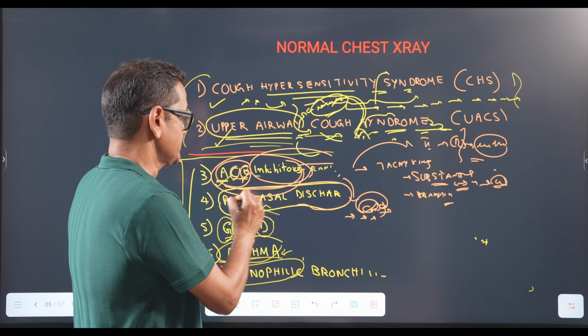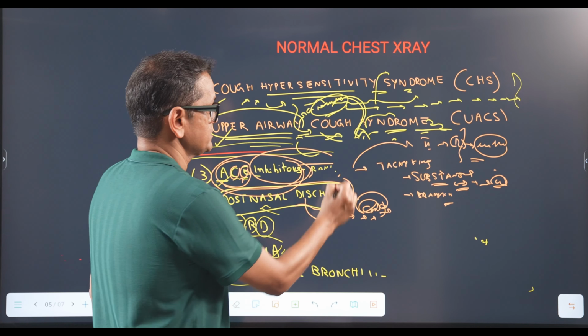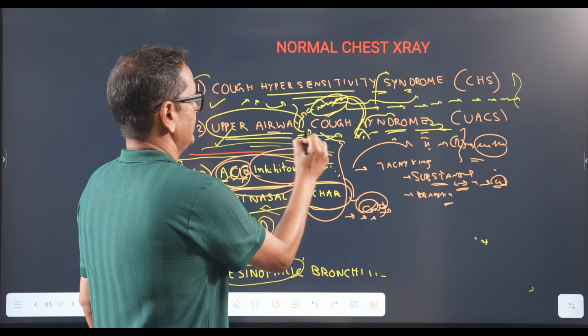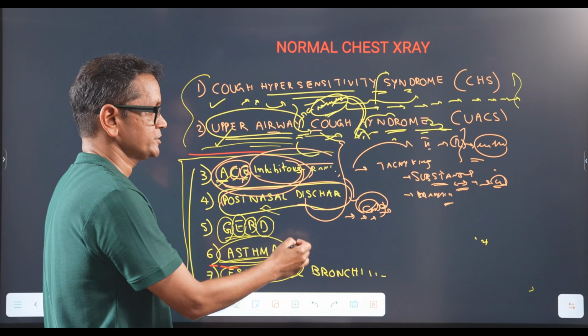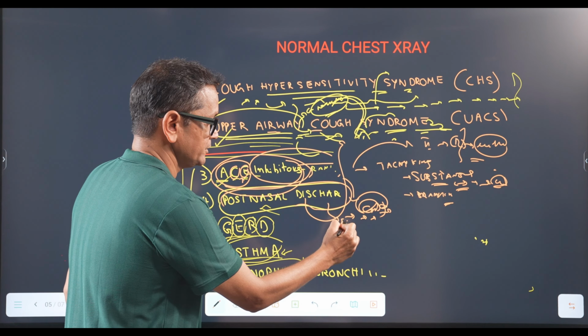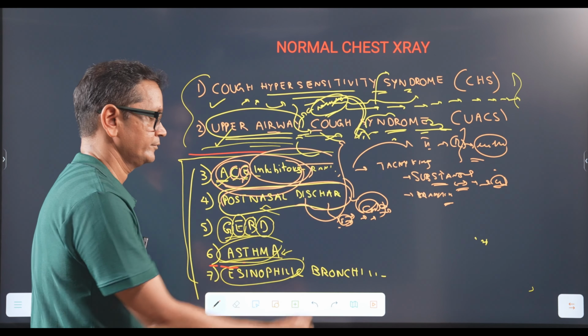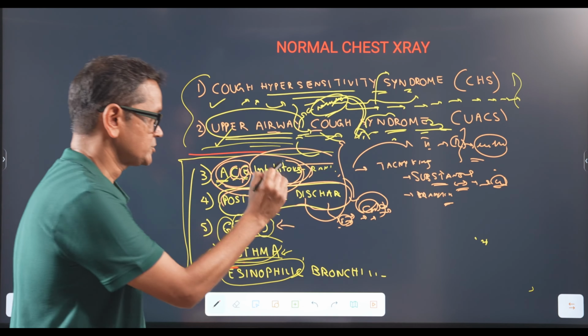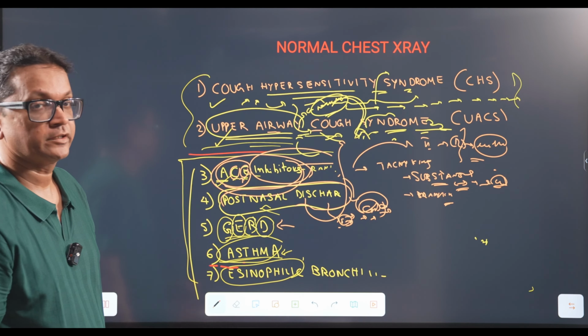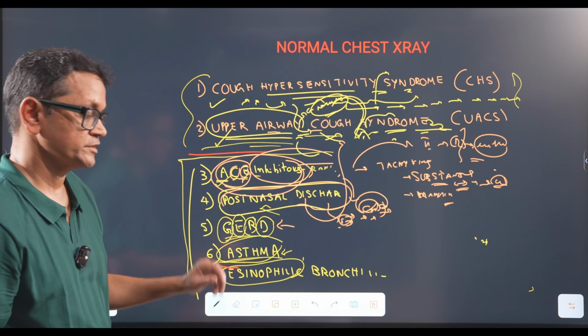Second one is post nasal discharge. This we already discussed when evaluating upper airway cough syndrome, so most of it will be repetition. Do a thorough ENT examination and treat accordingly. A similar thing applies for gastroesophageal reflux disease.